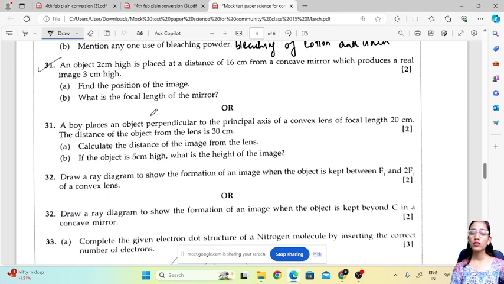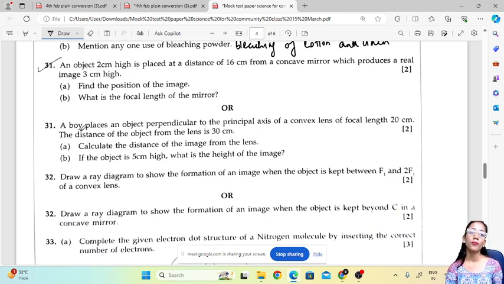The paper pattern shows there is an option between the reflection part, the mirror, and the refraction part, the lenses. So first of all, you need to understand what your strength is, so you do not waste time doing both, and you do the one which is your strength and get the correct answer. Okay, I will be solving both.